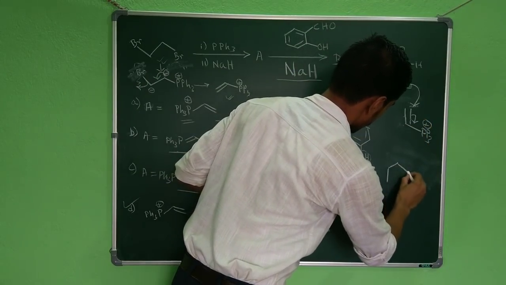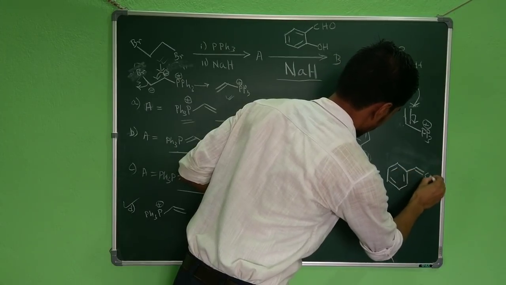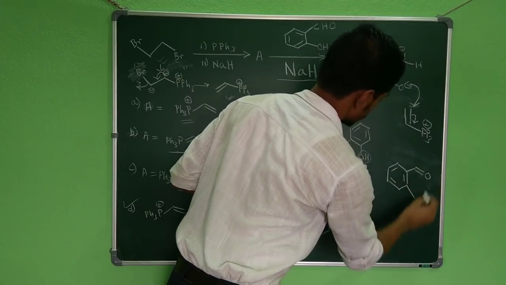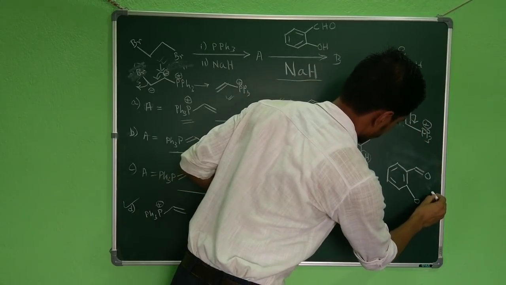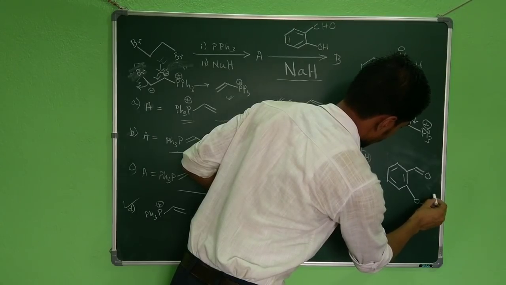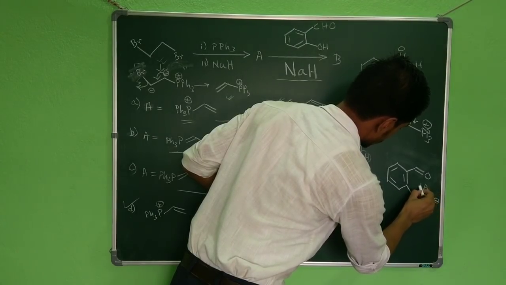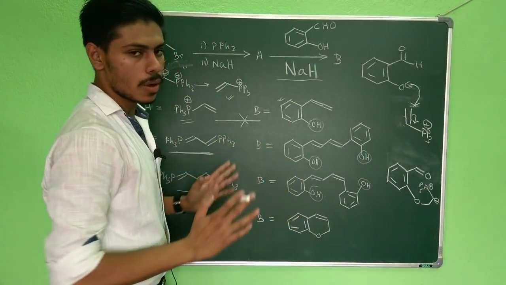Here you have this aldehyde, here is the oxygen, and there are two carbons, this one and the next. Here you have this negative charge and here this PPh3 plus, right? So this is now a Wittig salt.